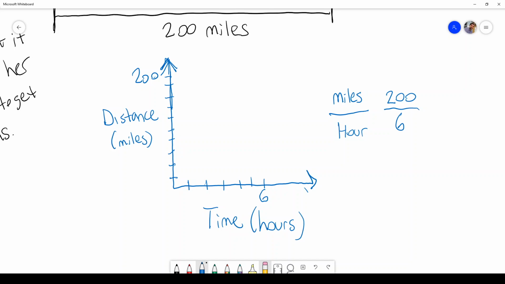So now we have a rate here. She will travel 200 miles in 6 hours. Well, that begs the question, what would be the rate? Because this is a rate here. This is her rate. How far can she travel in 1 hour? Well, aren't we just reducing this?